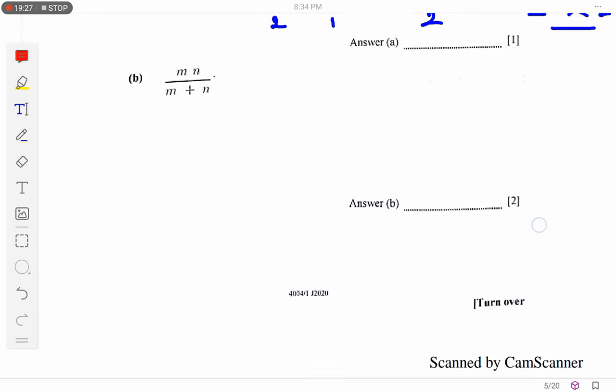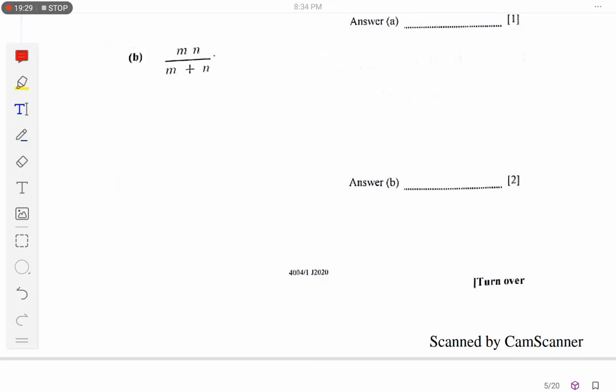Now we have m times n divided by m plus n. Let's do this one. So we have m is half, so it's half times minus 2, all over half plus minus 2.